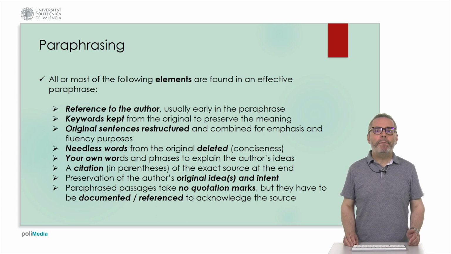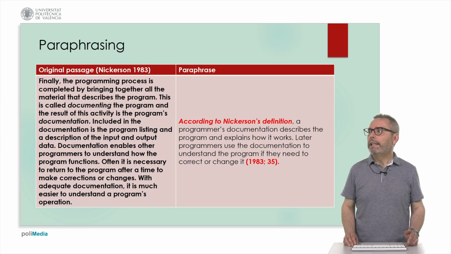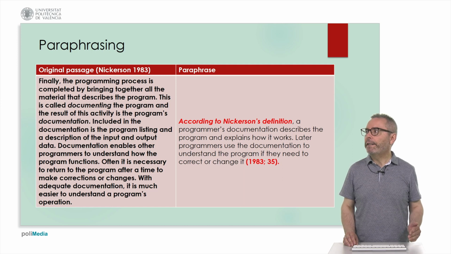We have to keep the original idea and intent of the author, and of course we have to document and reference the source. Here we have an example from an original passage with some repetitions of concepts. We can reach the following paraphrase, marked by the beginning, information about the author, and the end, information about the date and the page.